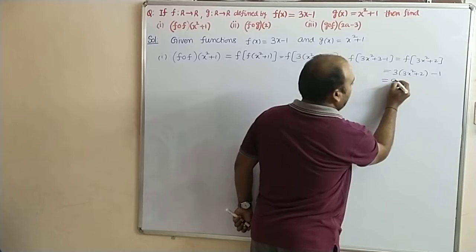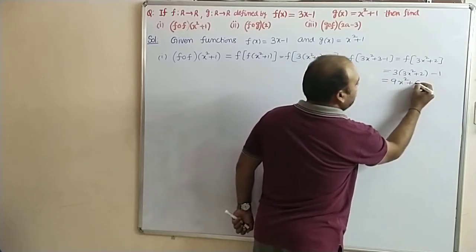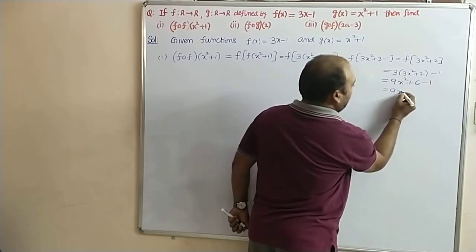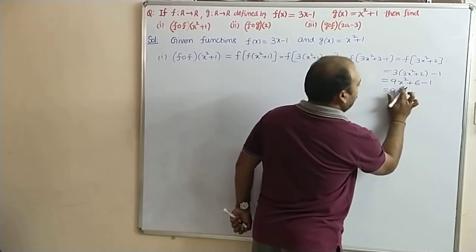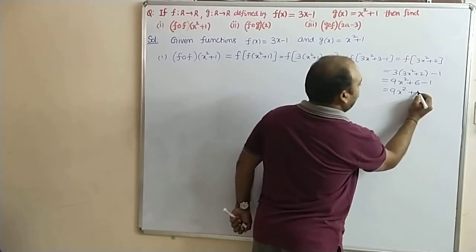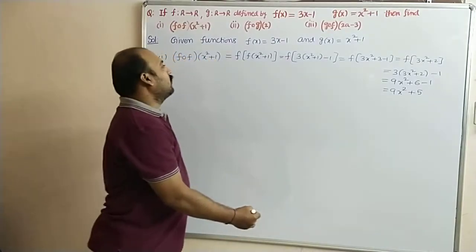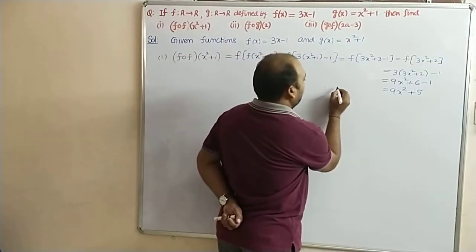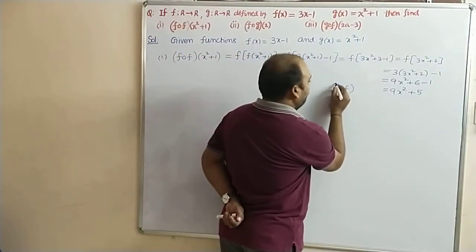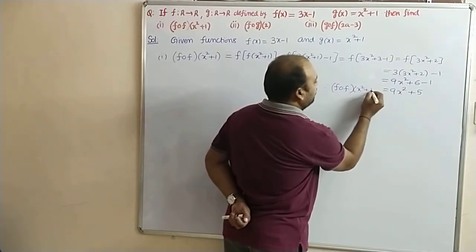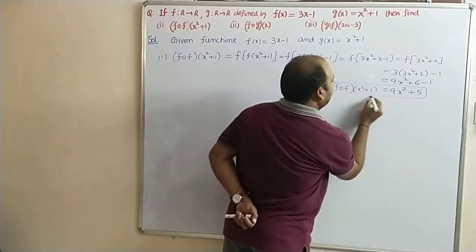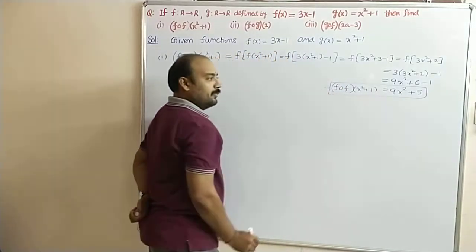So now 9x square plus 6 minus 1, which is equal to 9x square plus 5. Therefore, the value of f circle f of x square plus 1 is equal to 9x square plus 5.